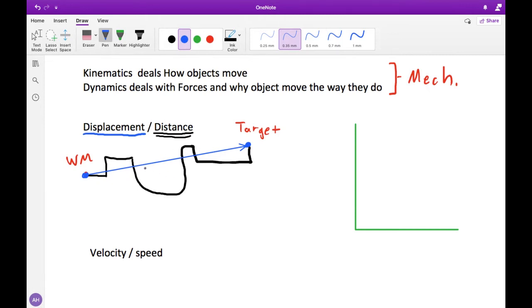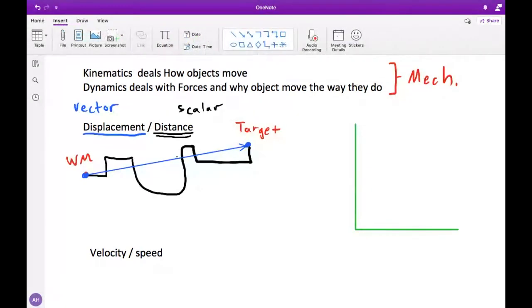I also use that arrow here to represent displacement because displacement is indeed a vector, whereas distance is a scalar. That's pretty straightforward.